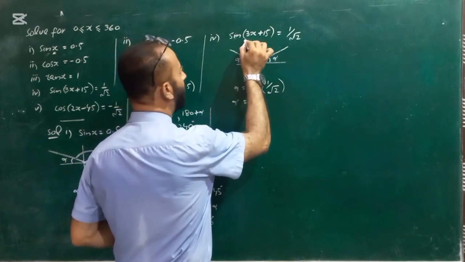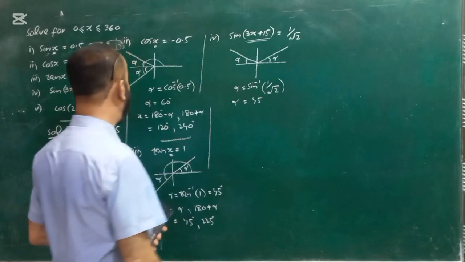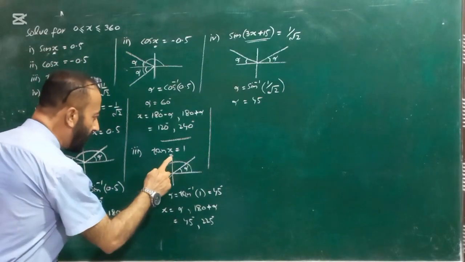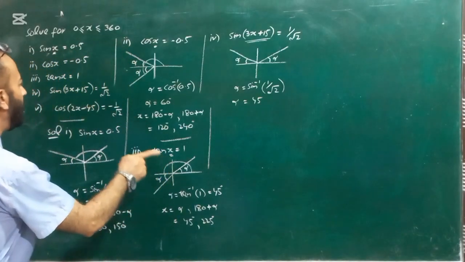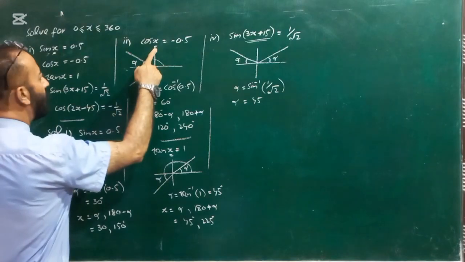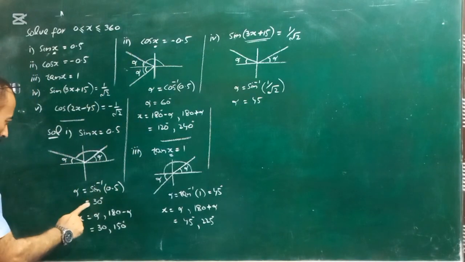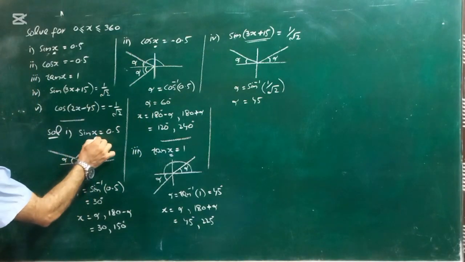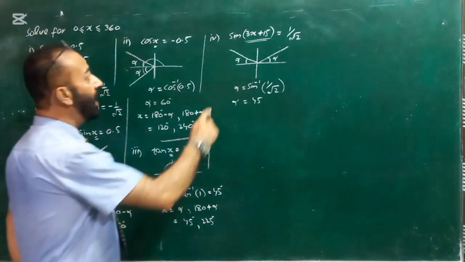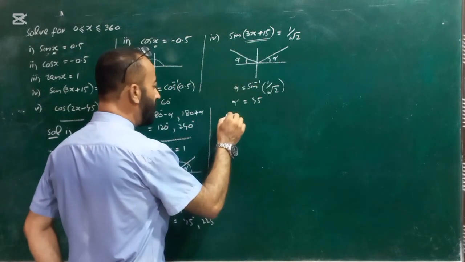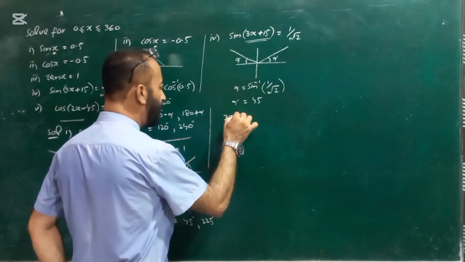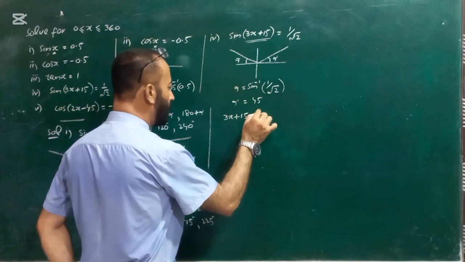And now the original angle. So this is the angle now. In the previous question, you can see this was the angle. In the second part, you can see this was the angle. In the first part, you can see this was the angle. But in the fourth part, actually this is the angle. So this will be written 3x plus 15 equal to.